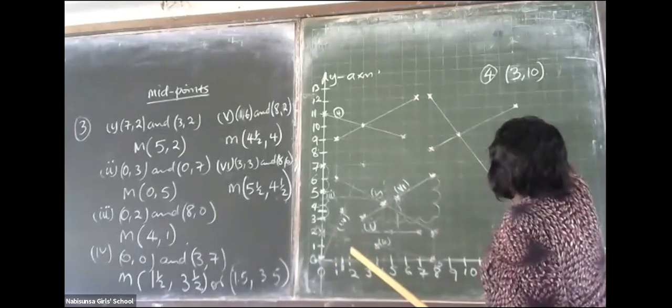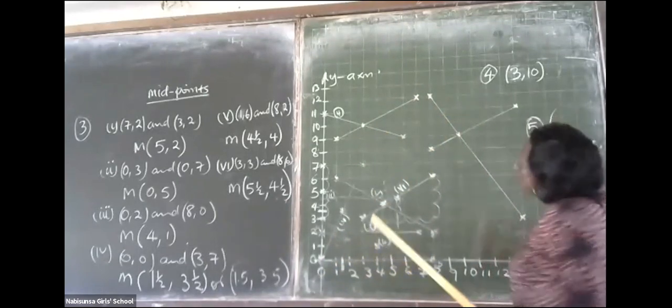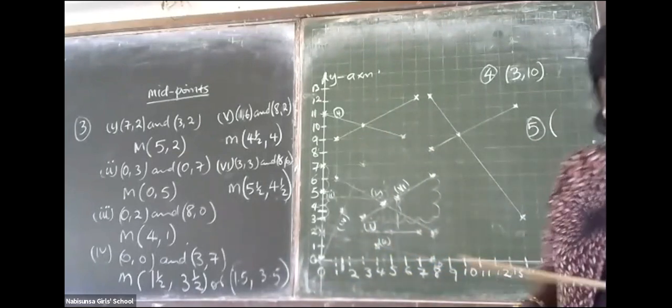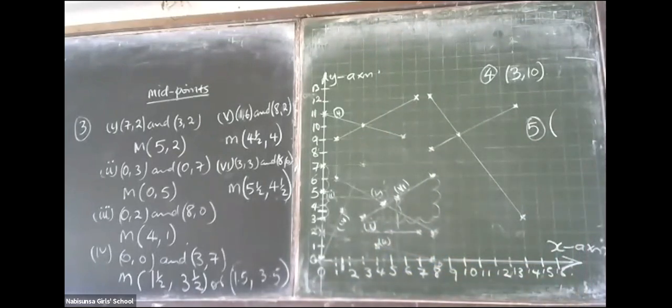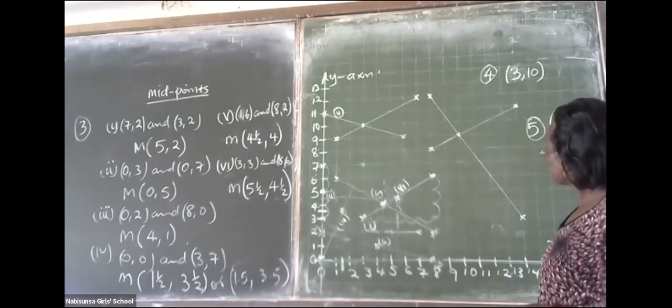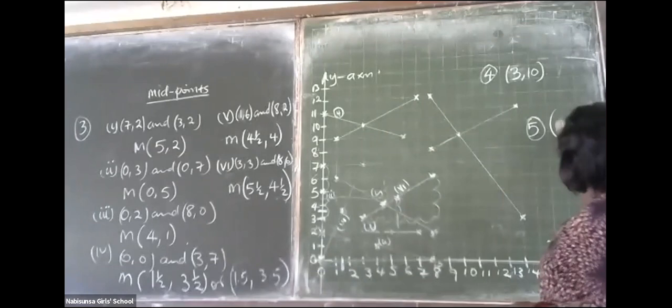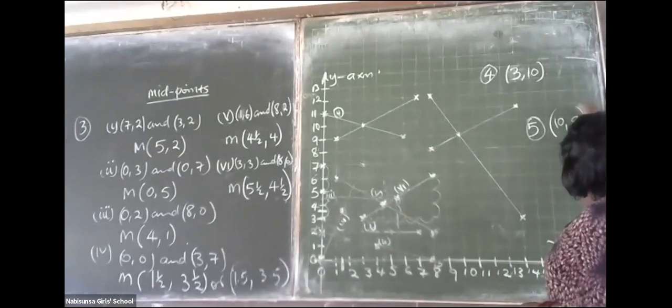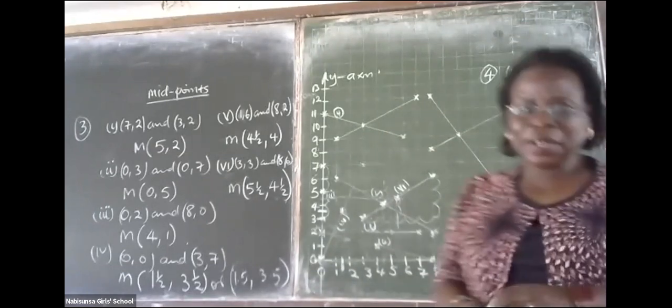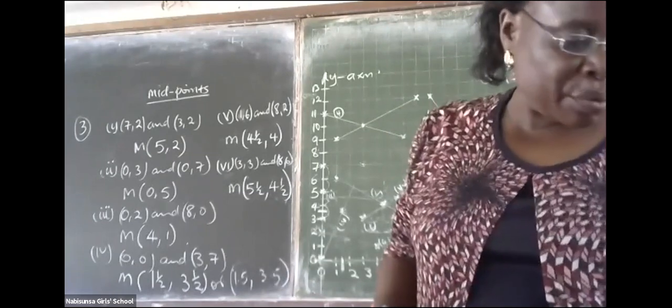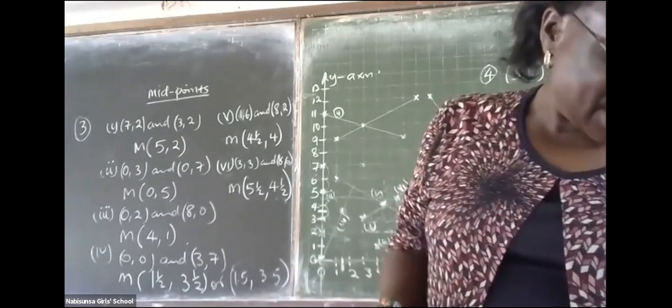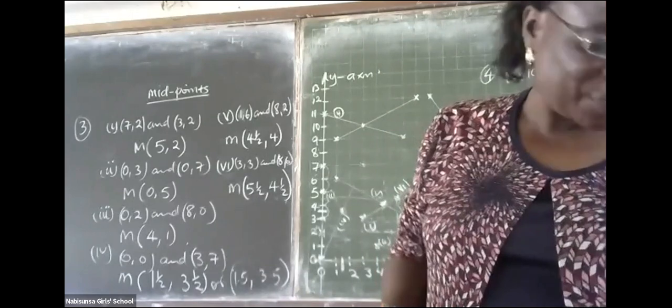Now, who can help us give the coordinates of the point of intersection? Teacher, it's (10, 9). Thank you very much. You're going to help me do the last one, number 6, because I did not provide for it here.